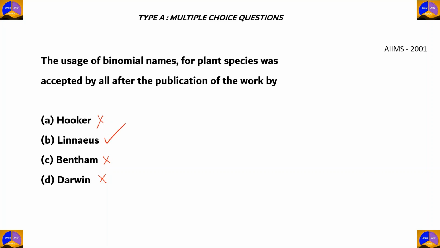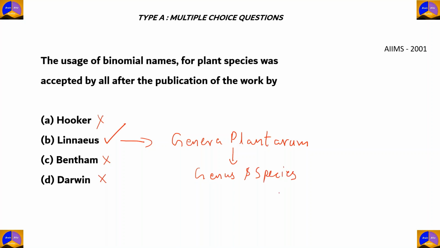Again, Carl Linnaeus is the right answer, option B. The book that he wrote, which was accepted by all for the usage of binomial names, is Genera Plantarum. Now, in it, he, for the first time, used the genus and species of an organism in binomial nomenclature.